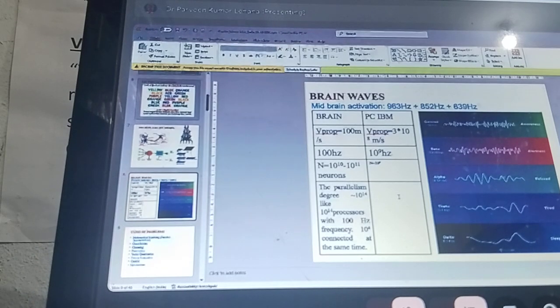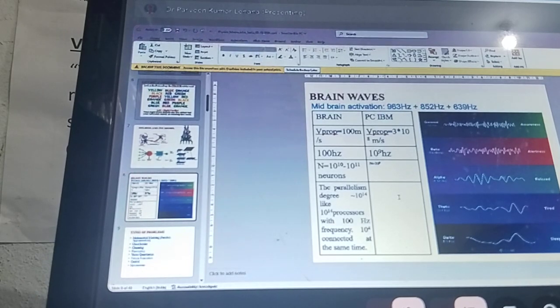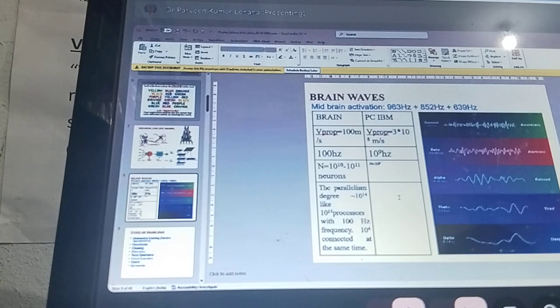So much volume will be needed for simulating the brain in hardware. And the power needed for operating that brain will be, I think, in megawatts. So it is not possible to make a brain with capabilities similar to the natural brain.